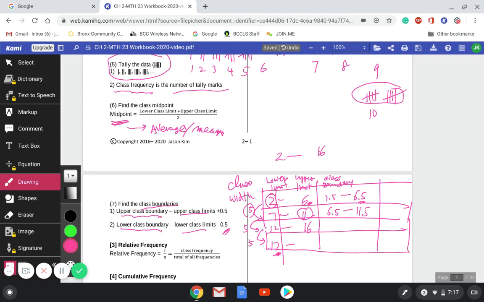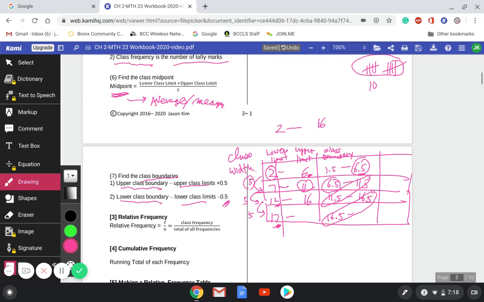And 0.5 less than the next class low limit is 12 minus 0.5, so 11.5 to 16.5. And 0.5 less than 17 is 16.5 to whatever. So the upper class boundary is always the same as the low class boundary of the next class. We're going to do more practice on these class boundaries later.